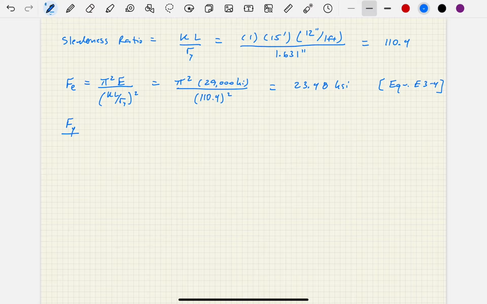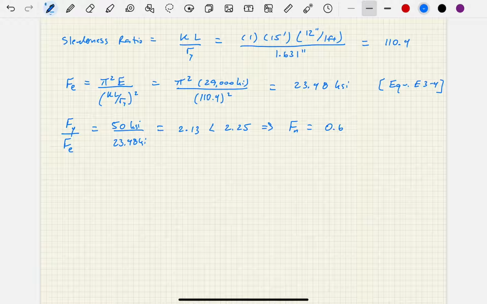Now we can figure out which Fn equation we need to use. So I'm going to calculate this ratio, Fy over Fe. And so A992 has an Fy of 50 KSI divided by 23.48 KSI. And you should get a value of about 2.13, which is less than 2.25, which means that we use this nominal stress value Fn of 0.658 raised to the Fy over Fe all times Fy.